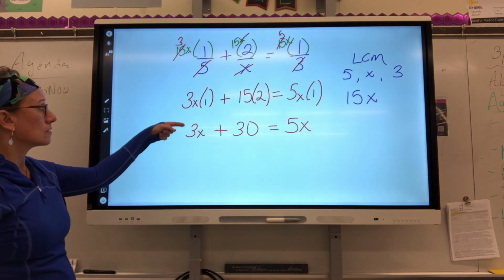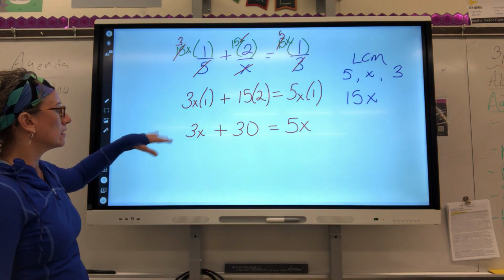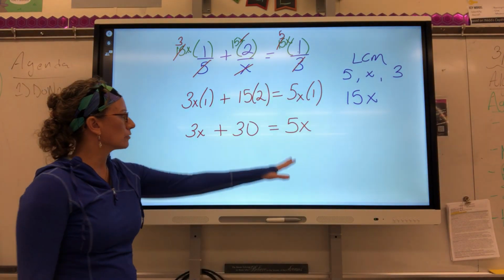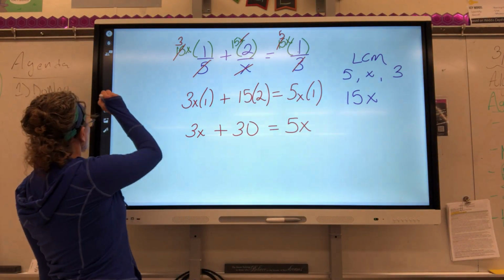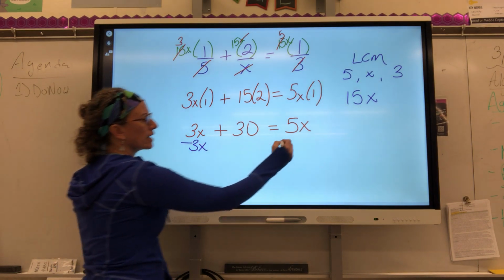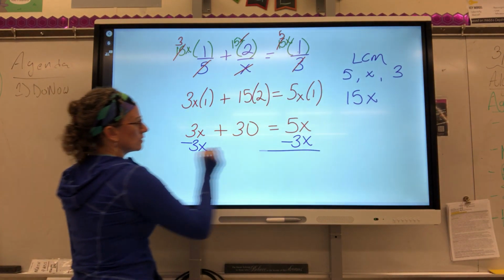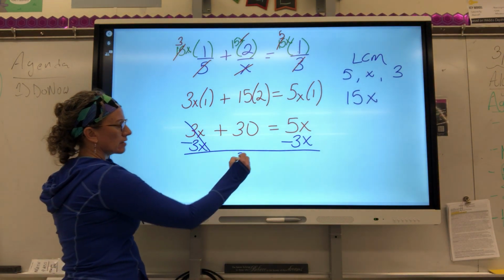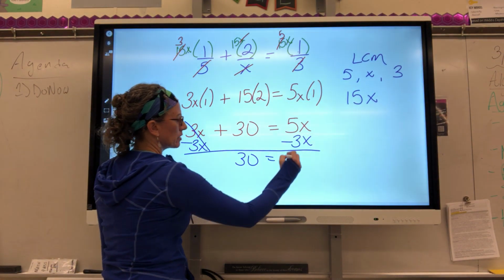Now this is so much nicer to look at and easily solved by inverse operations. So we're going to perform an inverse operation, subtracting 3x from both sides, canceling the 3x, leaving the 30. 5x minus 3x is 2x.